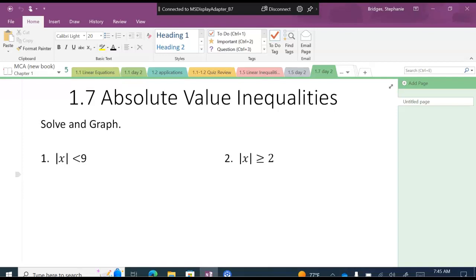Okay. So what we're going to do is the steps are very similar to what we did yesterday. The first step is to isolate your radical by itself on the left of your inequality. Not radical. Did I say radical? I meant absolute value.